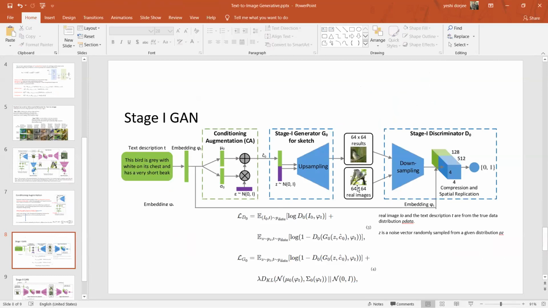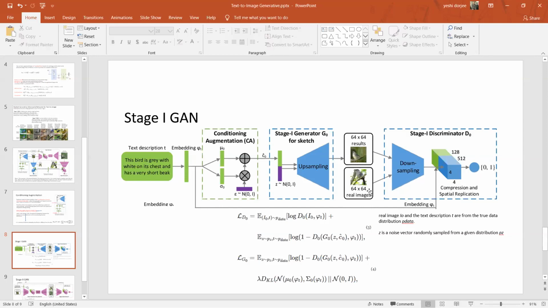Right now the 64 images are not that good and not that clear. It is also conditioned: this is the real image taken from the real distribution, and this is the image generated by our generator 1. We downsample it again, and we use the text embedding, without condition augmentation, in the discriminator, and we predict whether our image is true or not, 0 or 1.